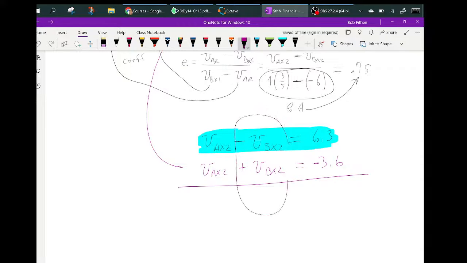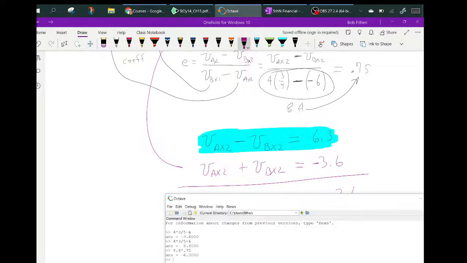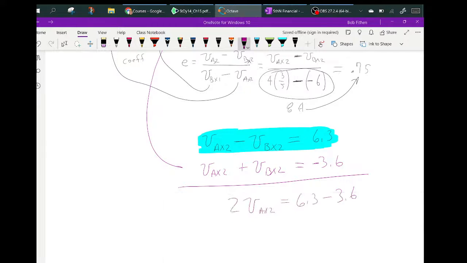These 2 cancel. The other 2 do not. So I get 2 VAX2 equal to 6.3 minus 3.6. That's bizarre. Okay. 6.3 minus 3.6 is 2.7.